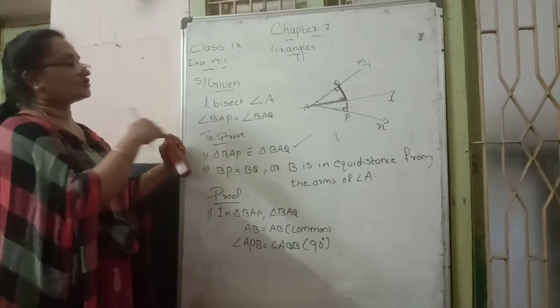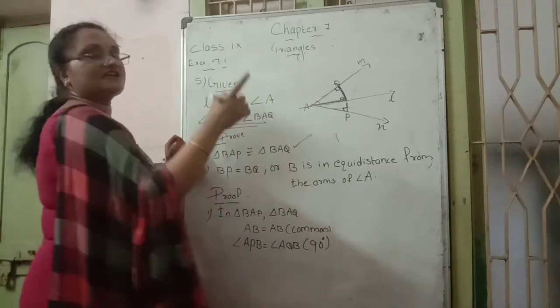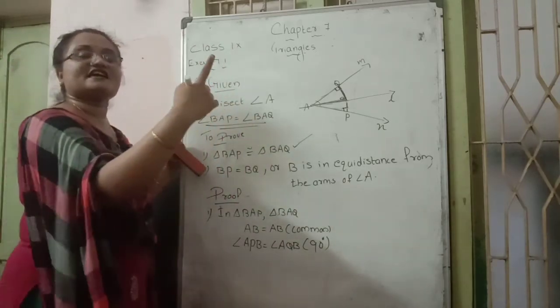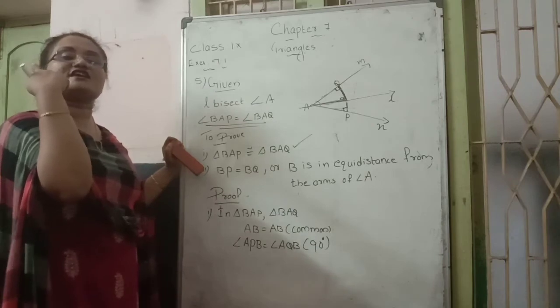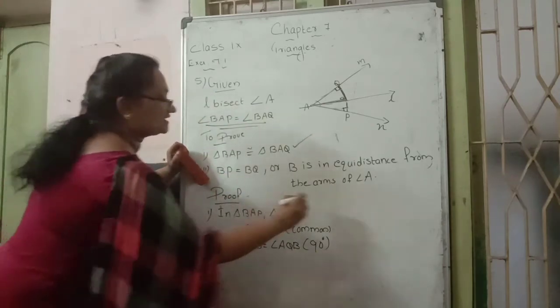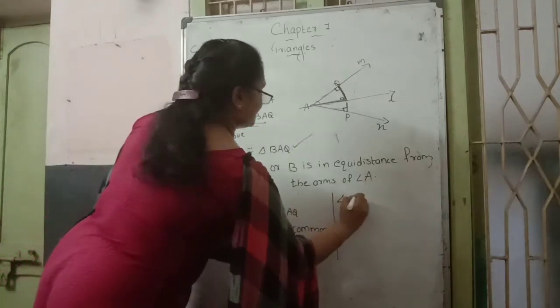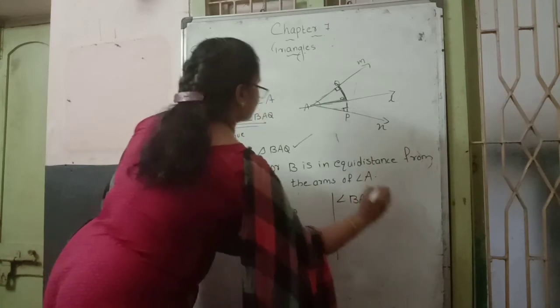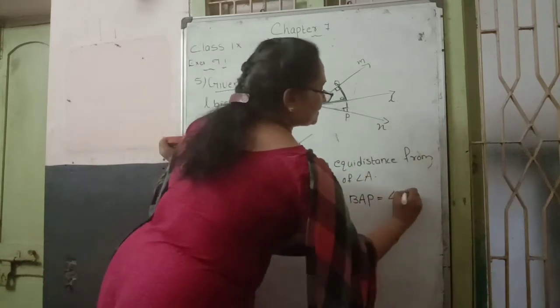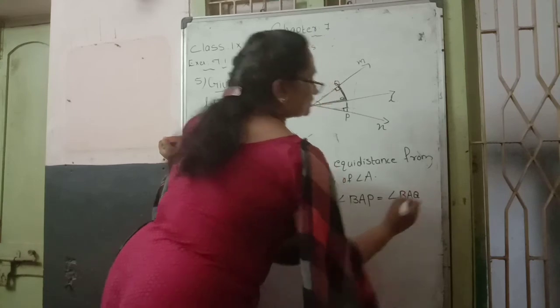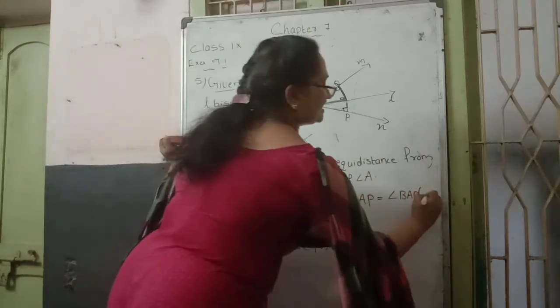In the third condition, they already gave that line L bisects the angle, so it forms two equal angles. Which are they? Here I am writing angle BAP, with A as the vertex, is equal to angle BAQ. It is given in the question.